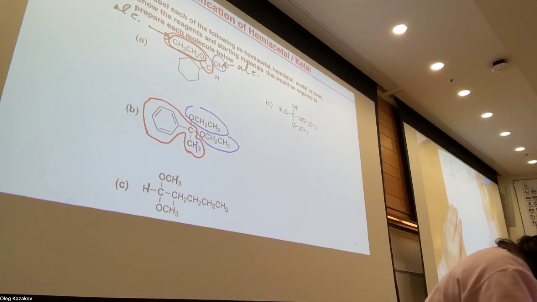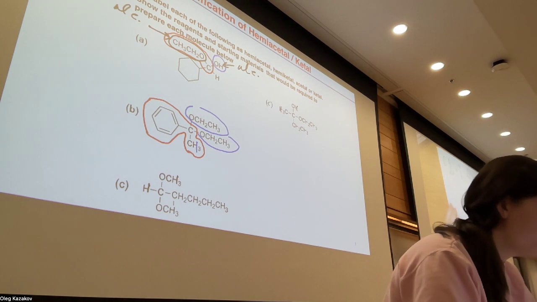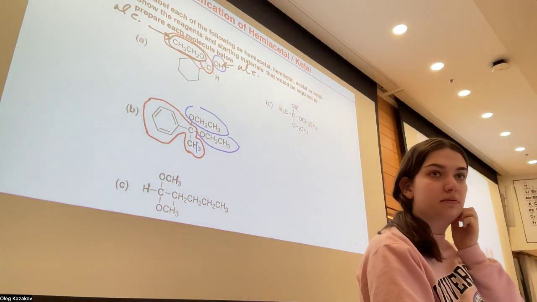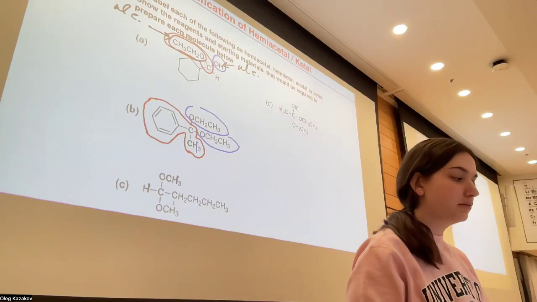Great. So that is well done so far. We have the conditions. Good. It's a reversible process. Very nice as well. And put it down a little bit so people can see. Okay, good. So this is going to be the hemiketals.